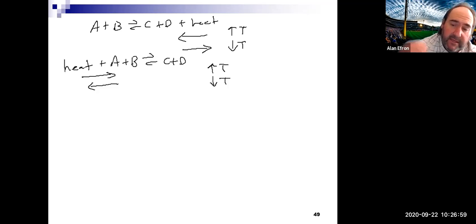But if you keep it at 200 all the way through, it should maintain this K value. Keep it at 25 degrees all the way through, it should maintain it. But the K values at 25 degrees and 50 degrees will be different.